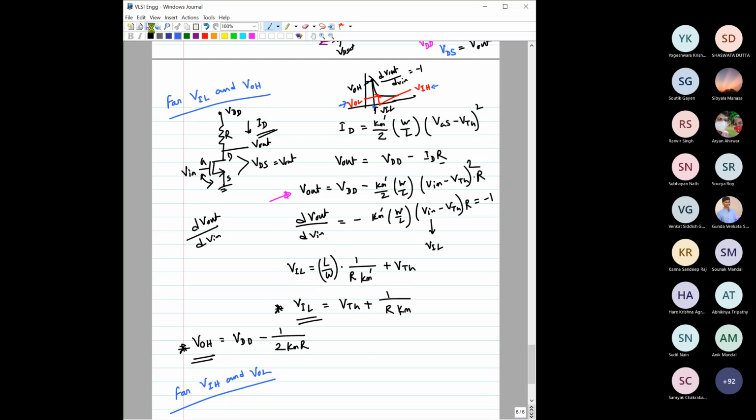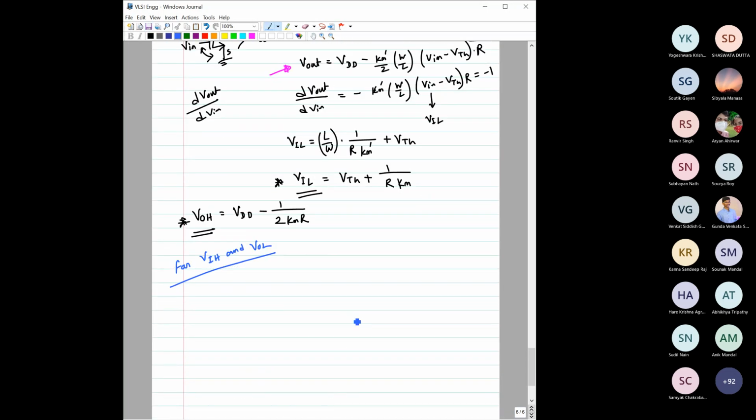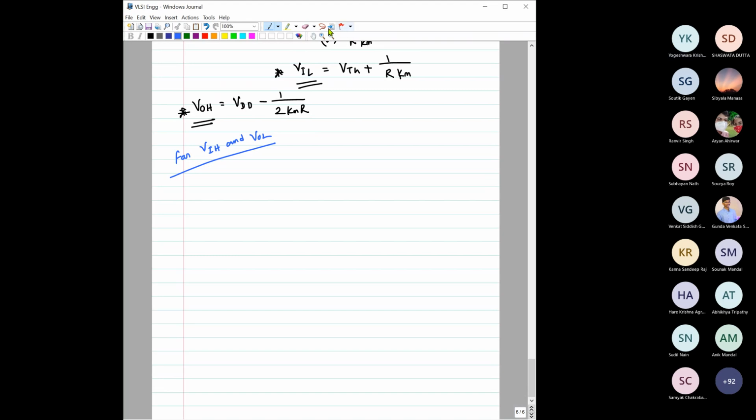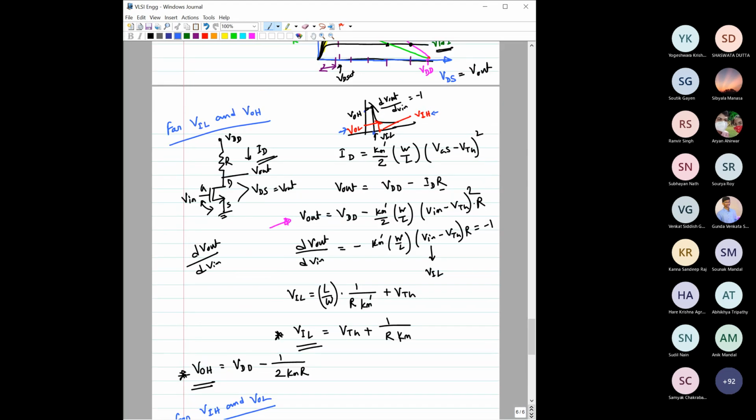Any idea? Linear region, the triode region, right? Can you tell me why you think it should be in the linear region? Because of the small value of VDS and high VGS value, and also see it is getting almost saturated right here in this region.